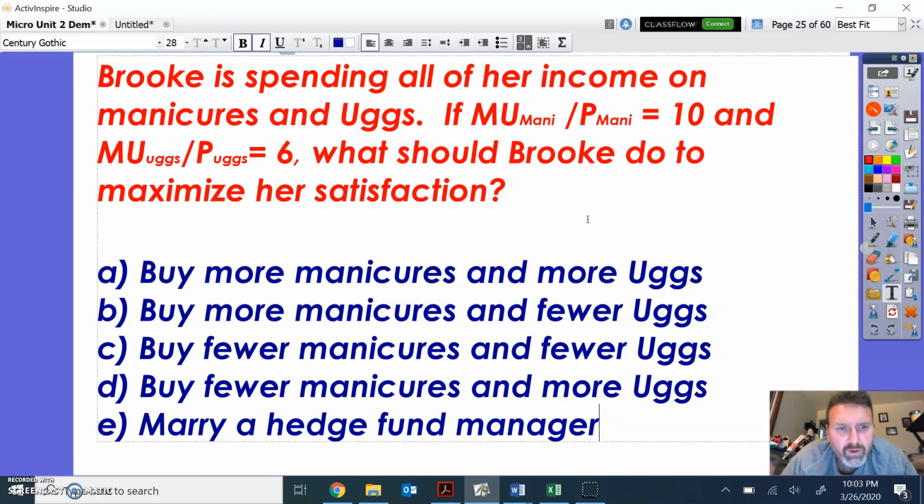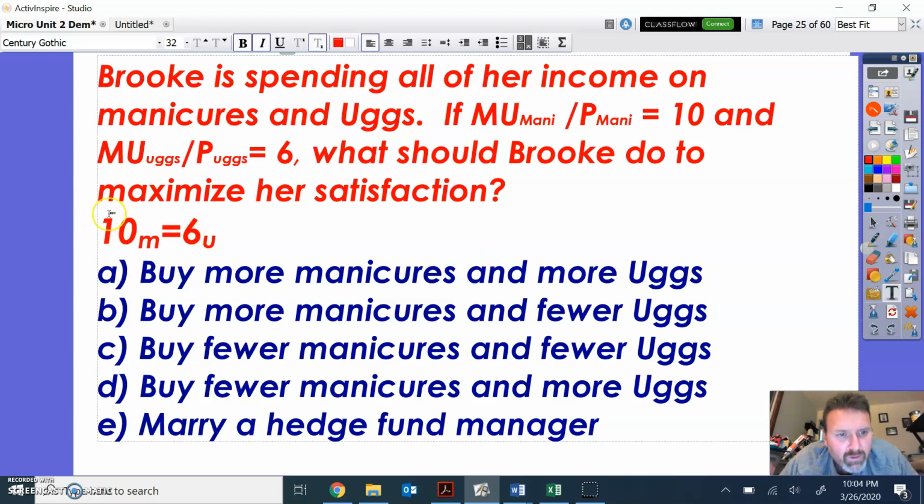Okay, so what we have here, guys, is a problem of 10 does not equal 6, right? And 10 is for manicures, M, and 6 is for Uggs. Okay, so like this problem that we talked about before, we want to get this number 10 to go down and this number 6 to go up.